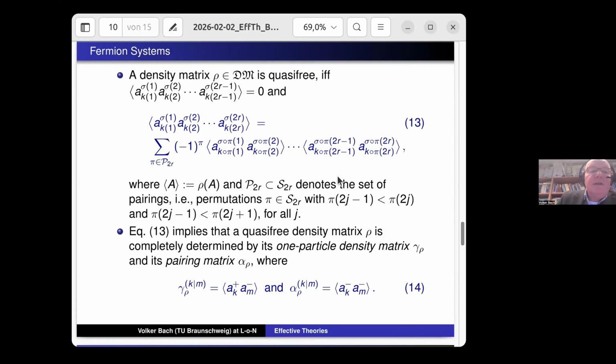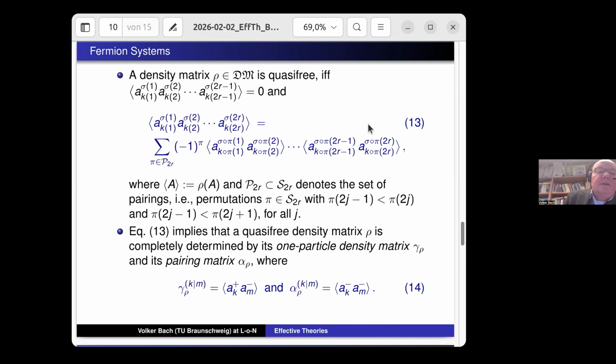So a density matrix is quasi-free if all odd moments in the creation or annihilation operators vanish, and all even moments can be computed from sums of products of pair correlation functions, pair expectation values. So here enters what Dirk has just mentioned before in his first questions. These are the states that are determined entirely by their second moments.